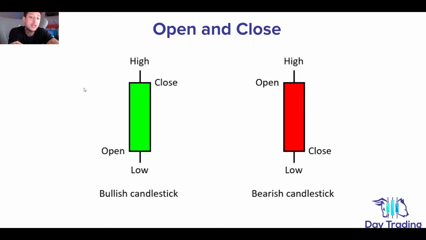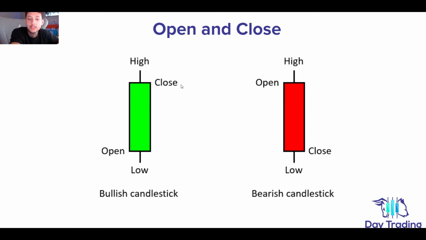Typically in the market, when a bullish candlestick closes, the next candlestick will open shortly after that. So we want to think about it as whatever this candlestick closes at, the next candlestick will open where the previous candlestick closed. So I'm going to repeat that one more time: whenever a candlestick closes, the next candlestick will open where the previous candlestick closed at.